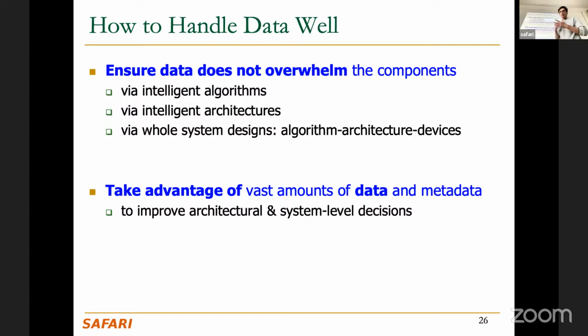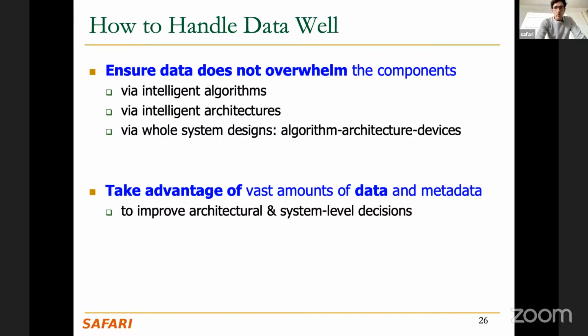Okay, so what I was saying is that we should design intelligent algorithms, intelligent architectures, and basically co-design the algorithm, the architecture, and the devices. And we can also take advantage of the vast amounts of data and metadata that the systems handle. Because if you understand data well, you will be able to improve architectural and system level decisions.